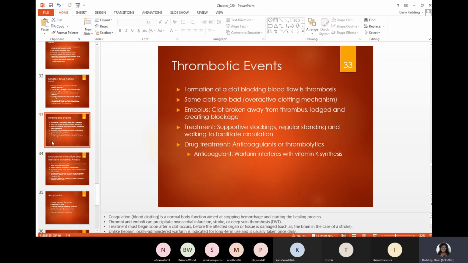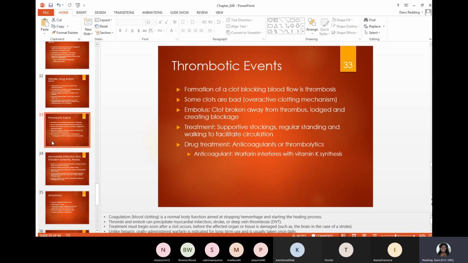And warfarin interferes with vitamin K synthesis. Coagulation means blood clotting, and coagulation is a normal body function that's aimed at stopping hemorrhaging, and it starts the healing process.